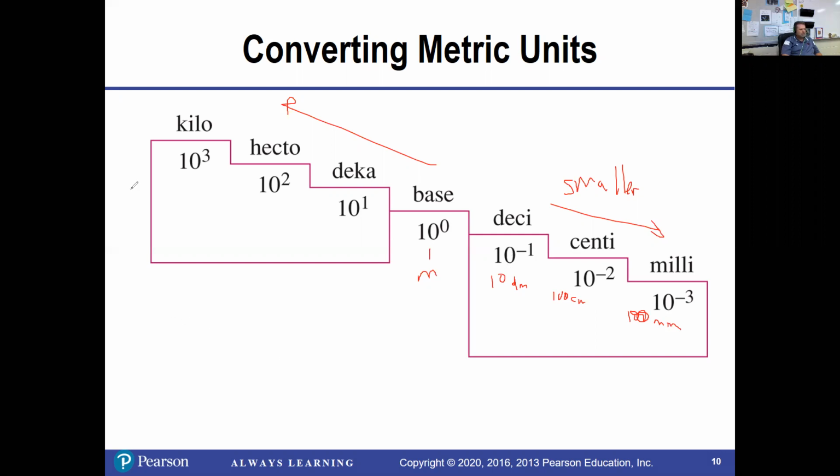Going up here you would have 1/10 of a meter. This would be 1/100th of a meter, and this would be 1/1,000th of a meter.